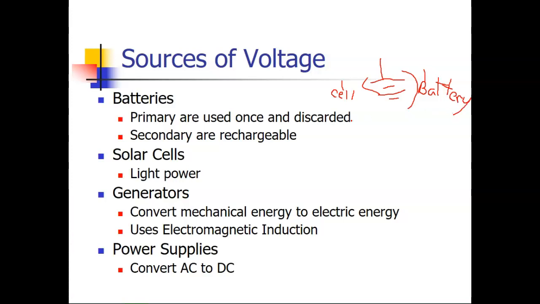So what we have are primary batteries that are one and done. These are your AAs, AAAs, Cs, Ds, things like that. Your watch battery.